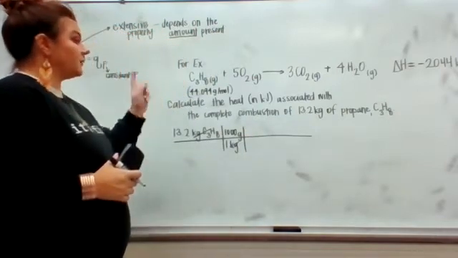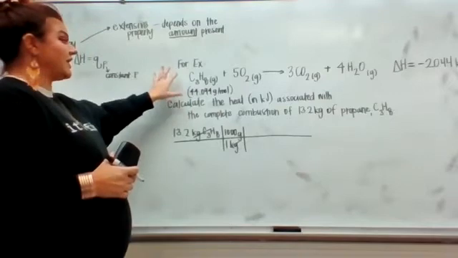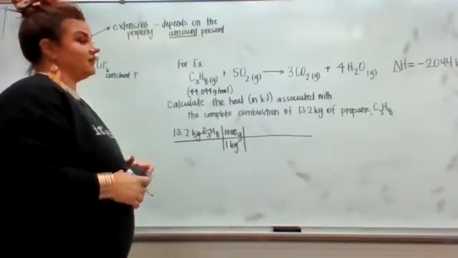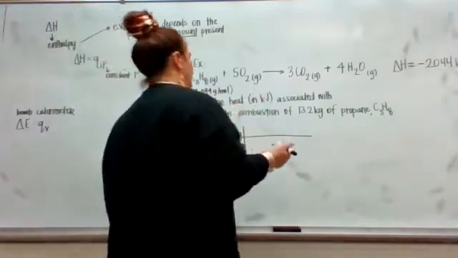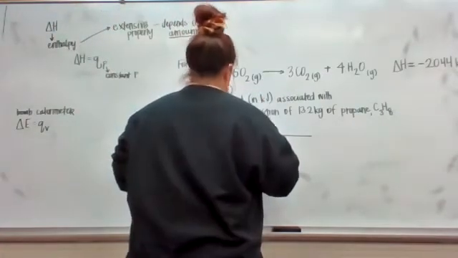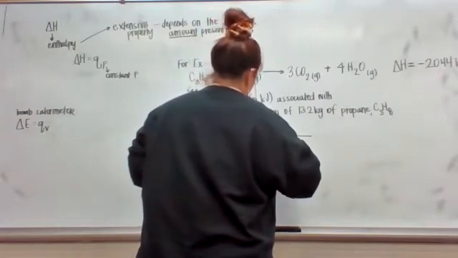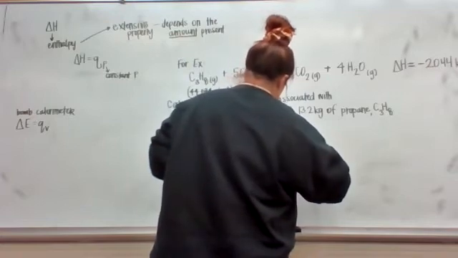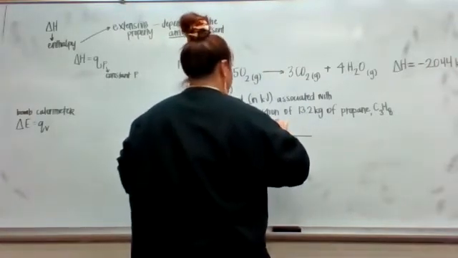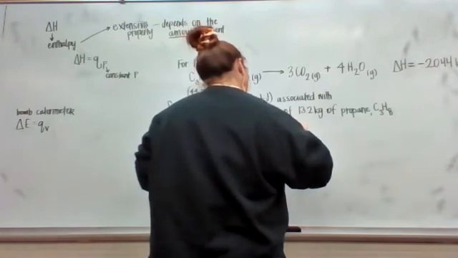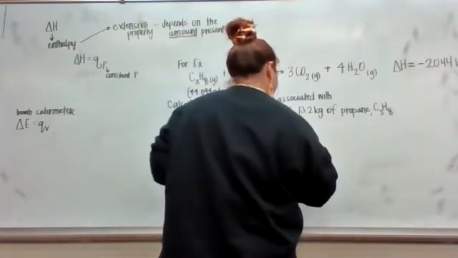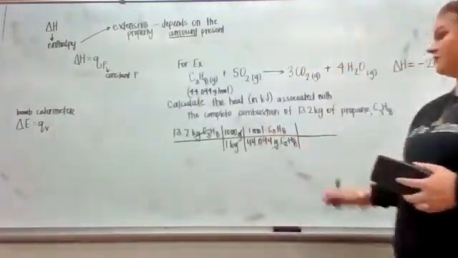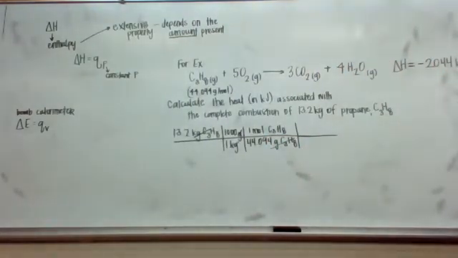Now I'm going to convert it to moles, using 44.094 grams per 1 mole. So grams cancel, and I'm left with moles of propane.